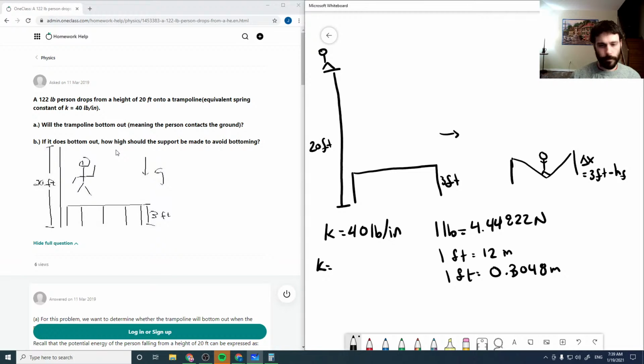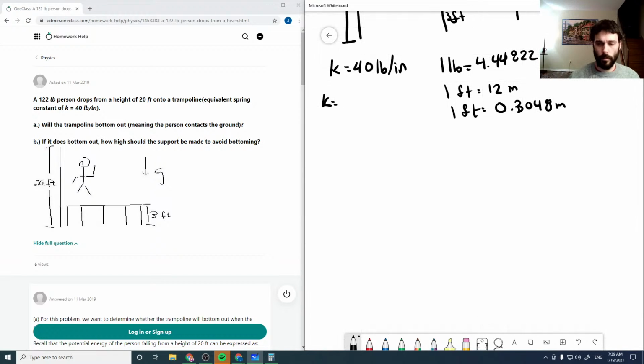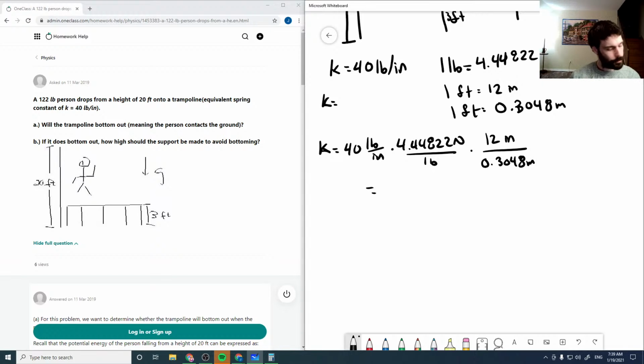So our K here is 40 pounds per inch times 4.44822 newtons per pound times 12 inches per 0.3048 meters, which is 7,005.07 newtons per meter.